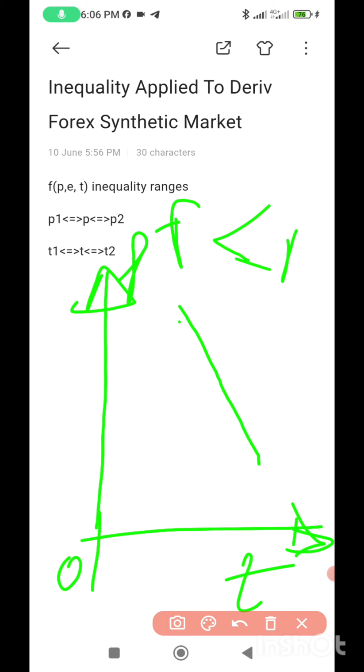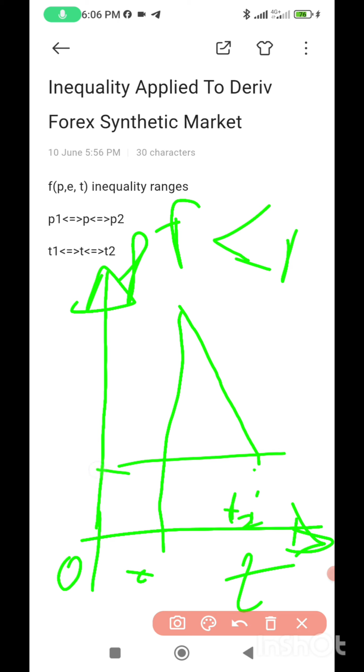So here we are going to have this time t1, and we are going to have this time t2. Then we are going to have the price p2, and the price p1.